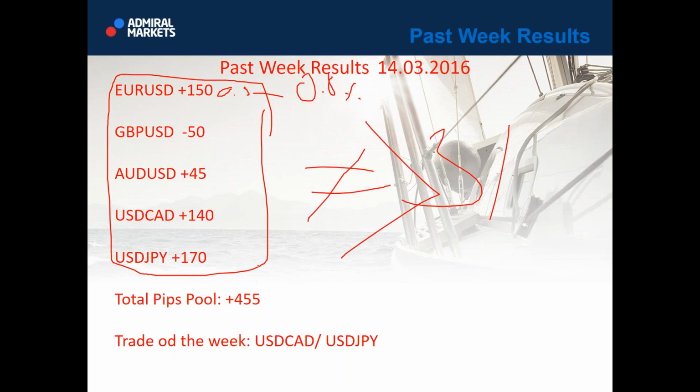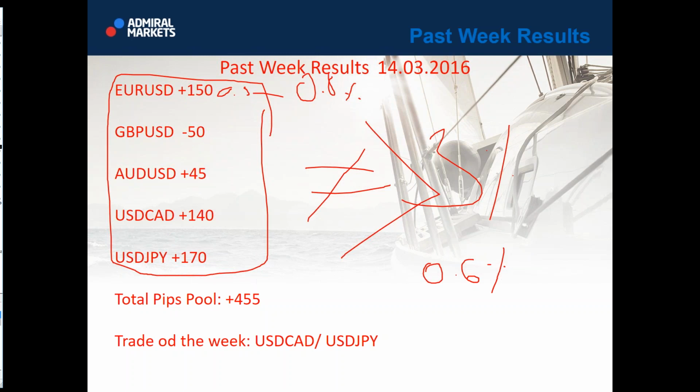So if you want to open all of these possible setups, you should divide the risk per trade. Each single trade should be maximum, of course you can go above the number, but my recommended risk is 0.6%. Okay, because you don't want to risk much.